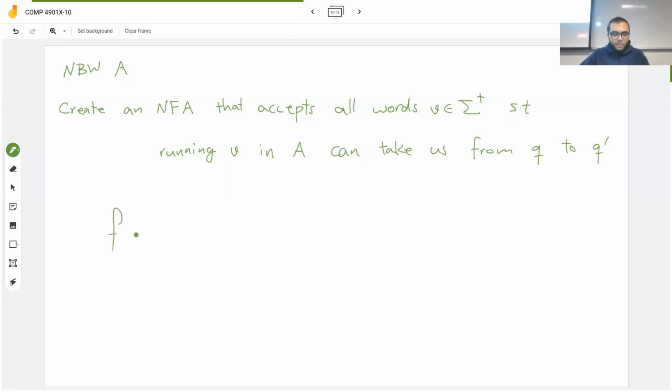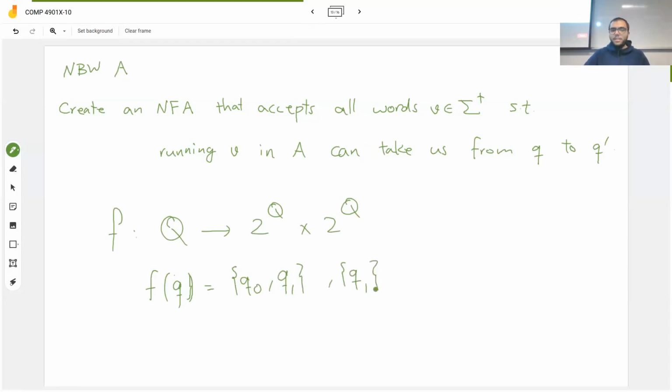Now, if I have a function f of this format, and let's say f of the state q is, whatever, q0, q1, and q1. Okay, and let's say that the states that I had were q0, q1 to q5. What do I know?